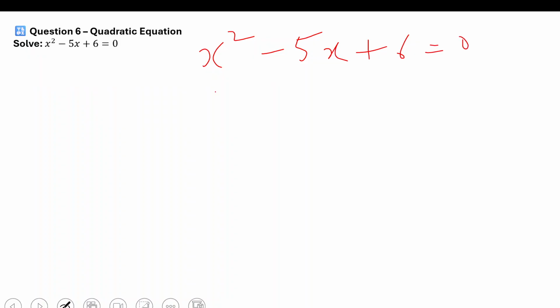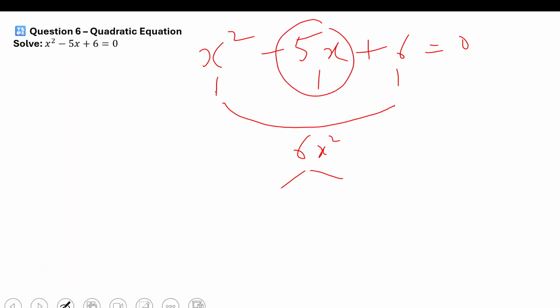So I have the first term, the second term, and the third term. What I will do first is to multiply the first term and the last term. The first term is x squared, the last term is 6. Multiply the two of them, I will get 6x squared. So I will look for two numbers such that when they multiply, they give me 6x squared, and when they add, they give me the middle term.